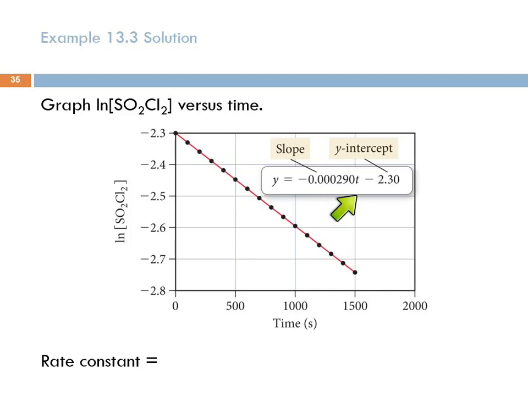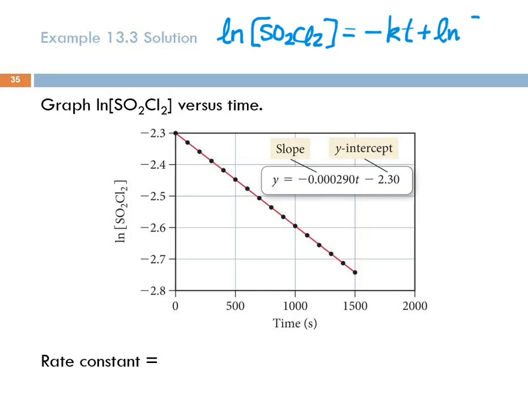So here's our equation. The slope is equal to what? Negative k. So it was the natural log of the reactant at time t is minus kt plus the natural log of the concentration of SO2Cl2 at time 0.